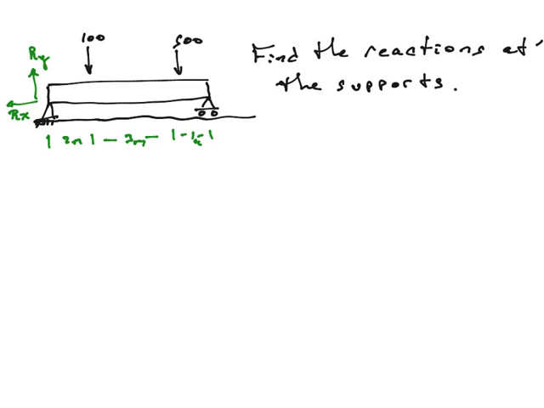In this case, the surface is horizontal, so I know the reaction has to be vertical, perpendicular to the surface. So there we go. I could call this R1, and this one over here is R2. So there's 3 possible reactions for this problem, and I want to calculate what those 3 reactions are.